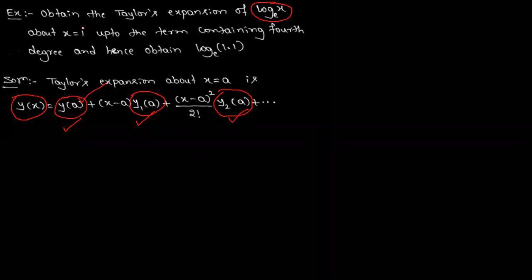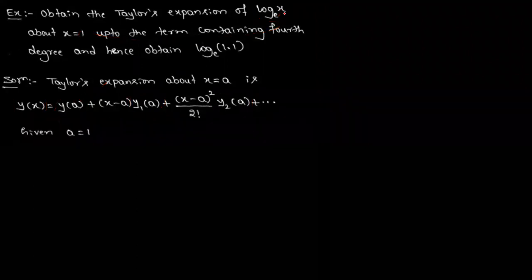What is a in the question? The value of a is 1. So we need to substitute 1 in the place of x so that we can get y of a. Given a is equal to 1.